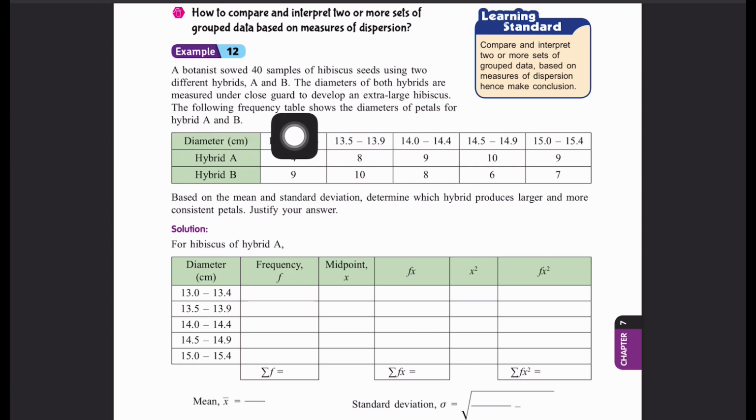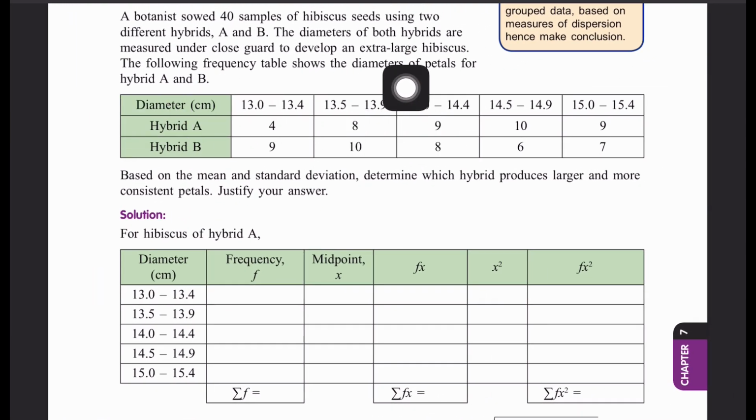The following frequency table shows the diameters of petals for hybrid A and hybrid B. Hybrid ni saya rasa mungkin ada rumah hijau tu kot, A dan B. Okay, so dalam tu dia kira petals of the hibiscus tu. Okay, so given this is the data.